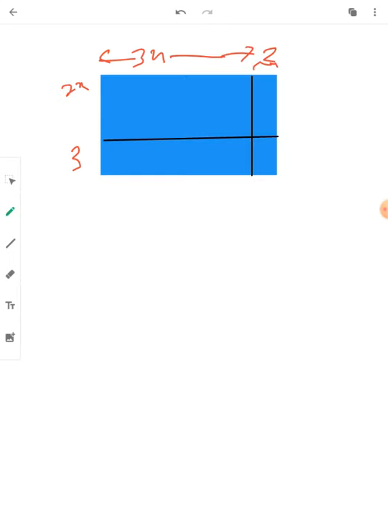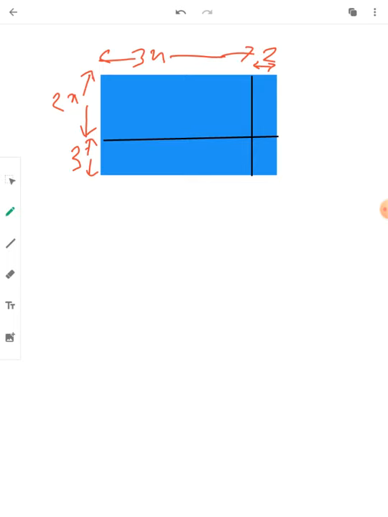From here to here is 2. From here to here is 2x. From here to here is 3. It's a bit difficult to draw.